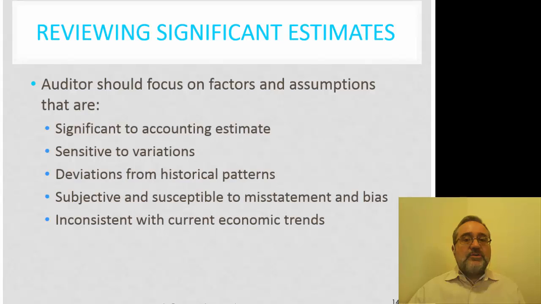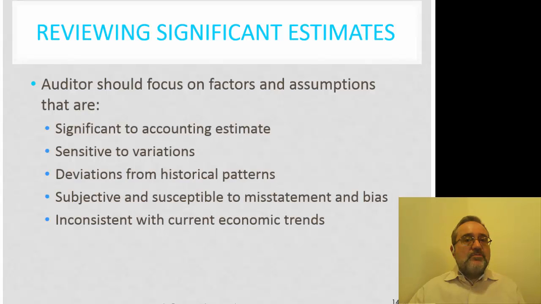The auditor should focus on the assumptions that management use based upon the significance of the estimate, sensitivity to variations, any deviations from historic patterns, any subjectivity and susceptibility to misstatement and bias, and inconsistency with any current economic trends.